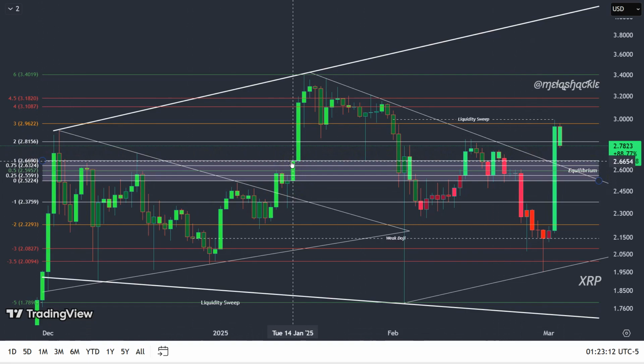So right here, the equilibrium zone is based right here to right here. Now a general fair value gap would actually incorporate the wicks, so it would be smaller, but I don't use that with the equilibrium zone. I use the top range of the body of the candle and the full bottom range of the body of the candle. Then once you find that fair value gap, you simply just extend it out for the entire pattern.